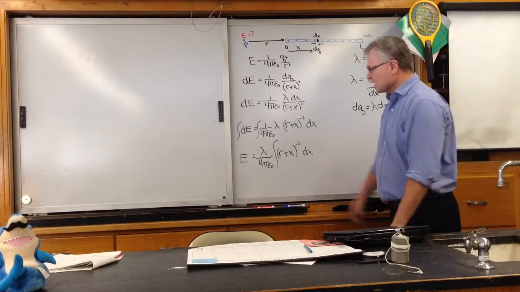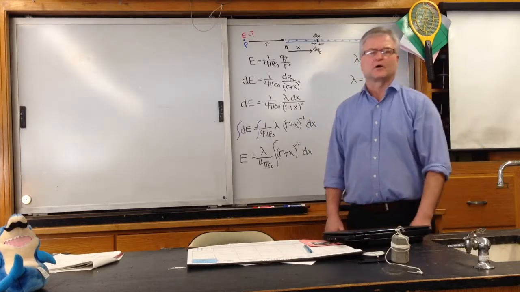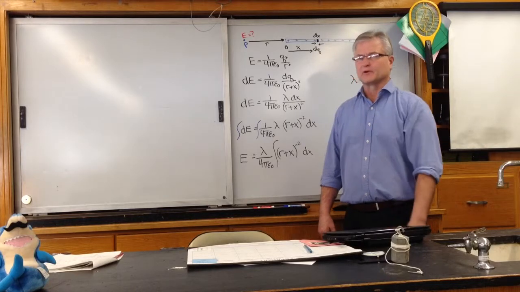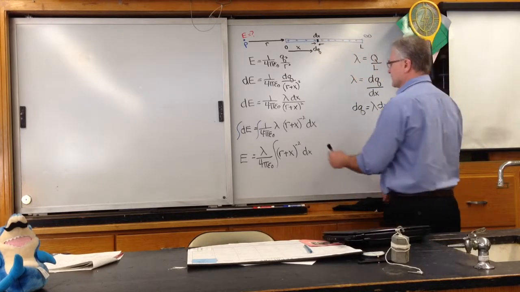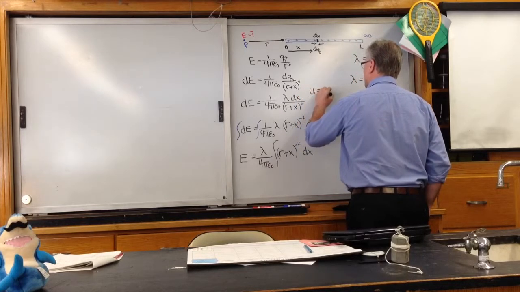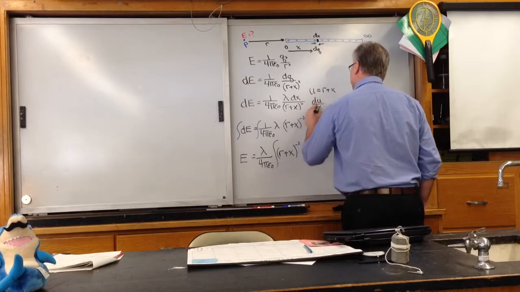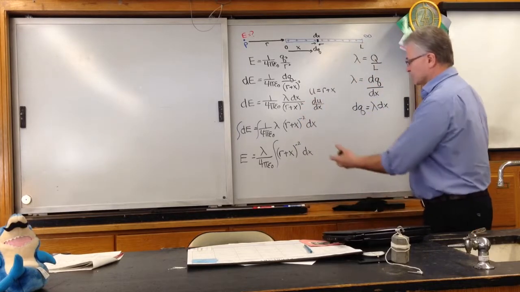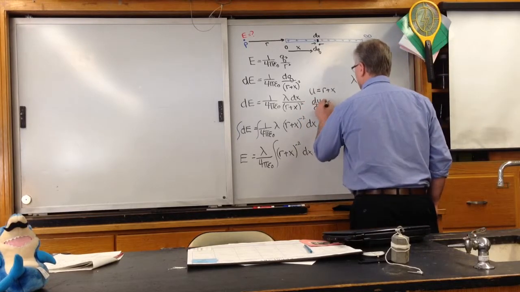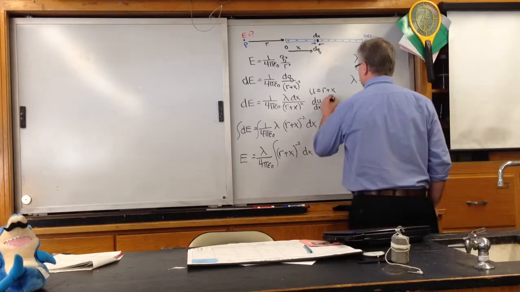Now, it's a fairly easy integration problem for people that are taking Calc 1 or Calc 2. I figure you're probably familiar with it. The thoughts about it are this. You probably just do this in your head. If I do a u substitution, I can say u is r plus x. If I want to figure out du dx, the derivative of u with respect to x is actually just going to be 1.